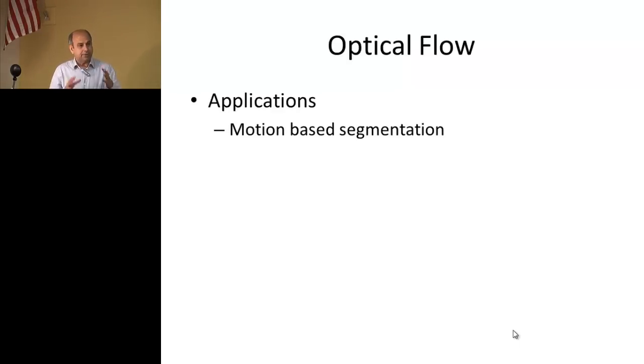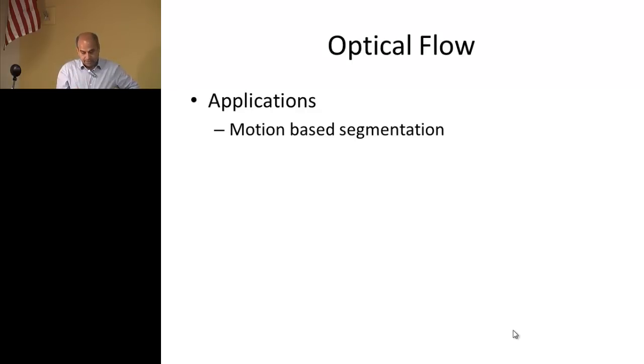We can distinguish the objects which are moving from those which are not moving. If I have a camera, most people are sitting here, but some person gets up and moves. I'm interested in what is moving. Since I will have an estimate of the motion of every pixel, the stationary pixels will have zero motion. So I can use optical flow for segmenting, saying this person is moving, and the rest of the people are not moving. So it's a very important application.